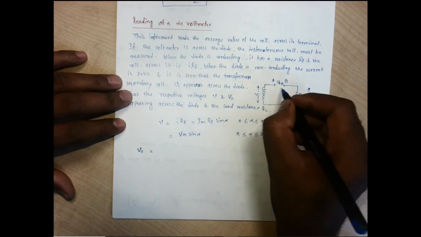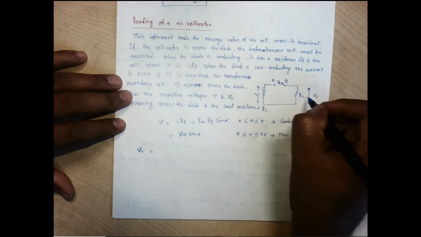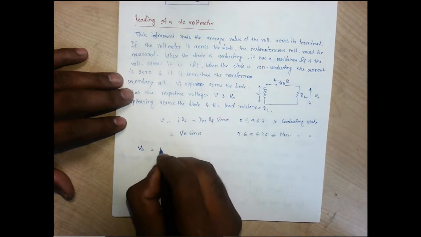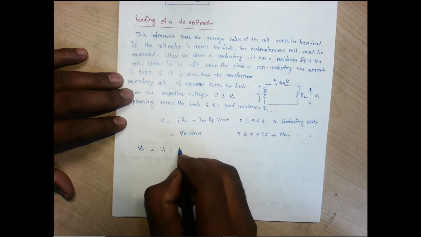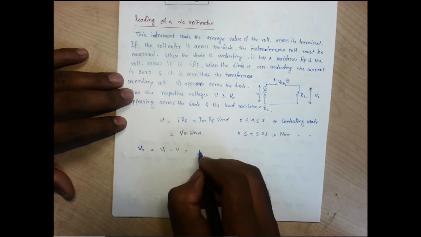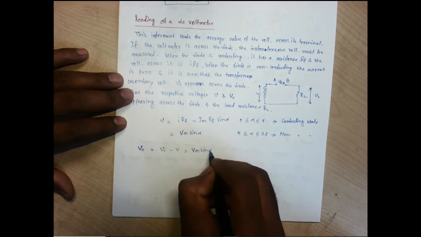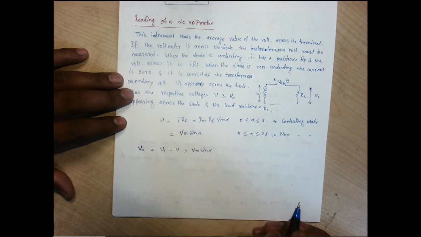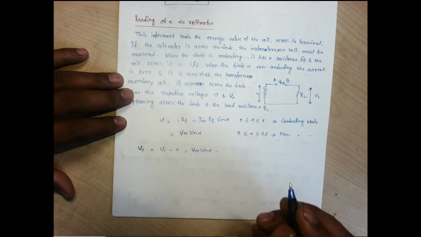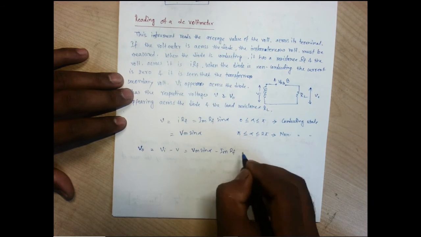That is Vi minus V, where Vi is Vm sin alpha and this V is I into Rf, that is Im Rf sin alpha.